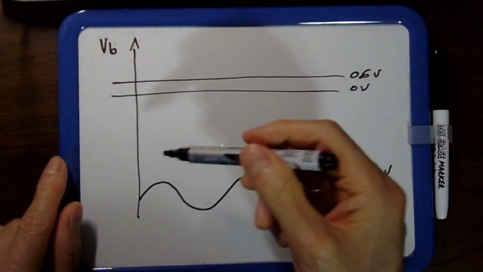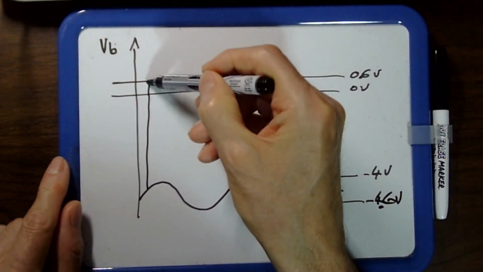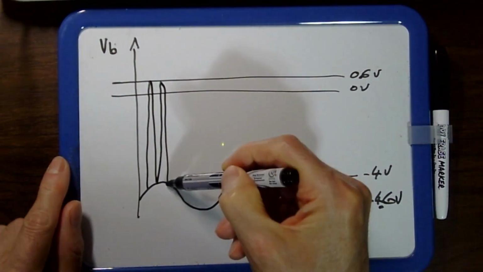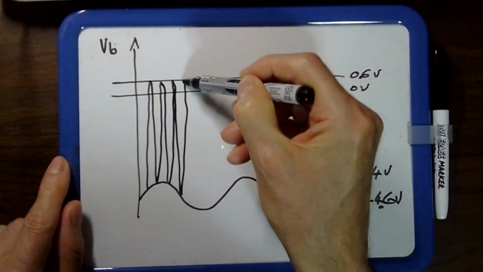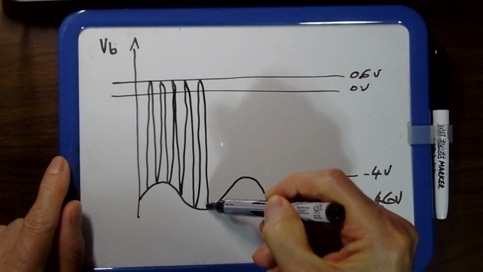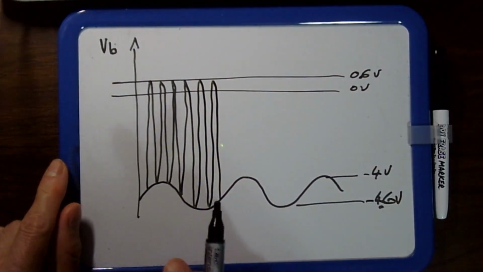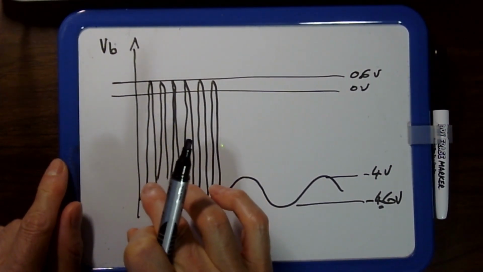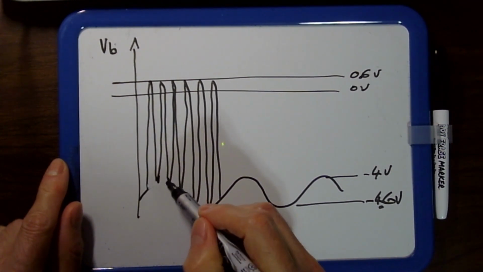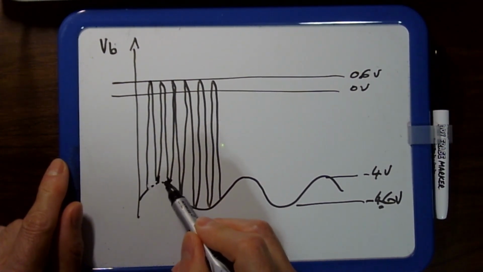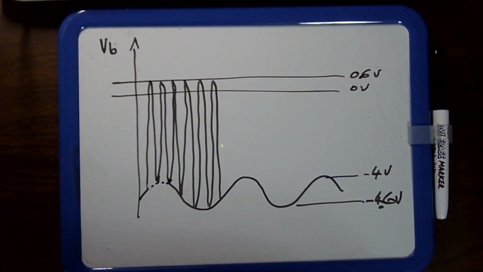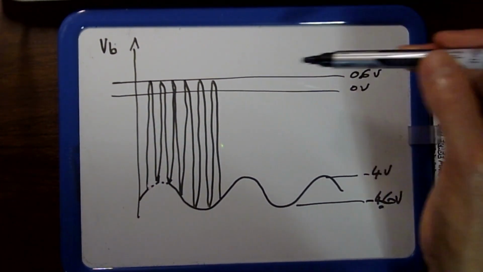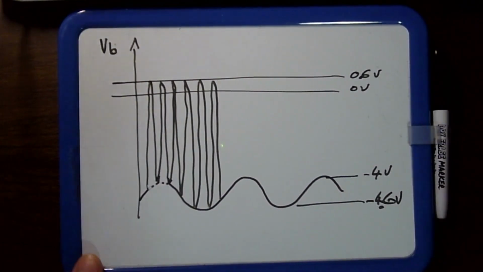And of course you have the radio frequency signal going like this. Of course, it's not there. So first let's explain why, on another whiteboard. I'll get back to that one.